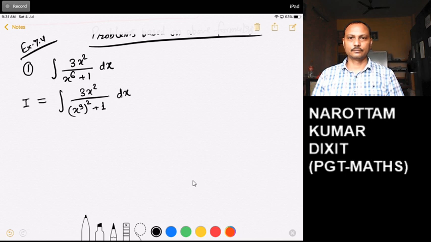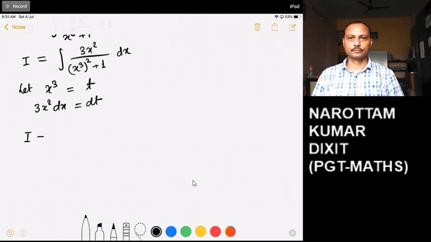Why have we written this? Because in the numerator the derivative of x cube is given. So if we take x cube as t, then 3x squared dx will be dt. Now let x cube be equal to t, then the derivative of x cube is 3x squared dx. It will be dt.